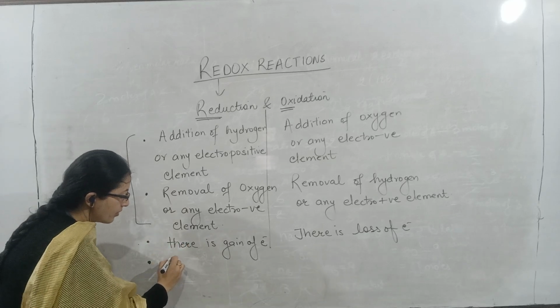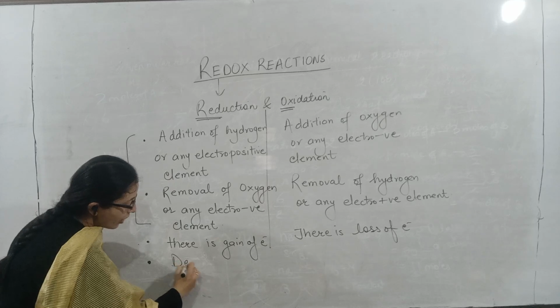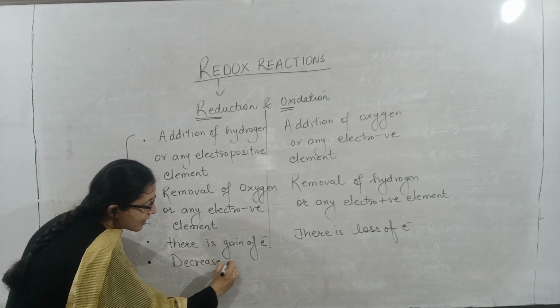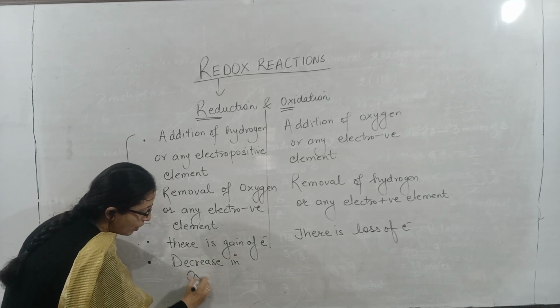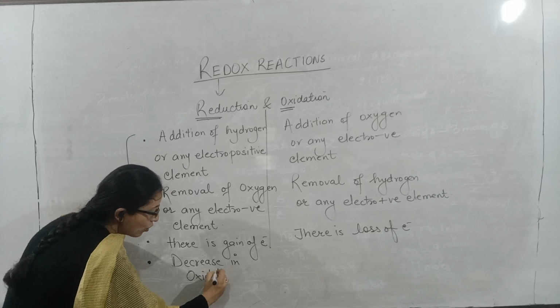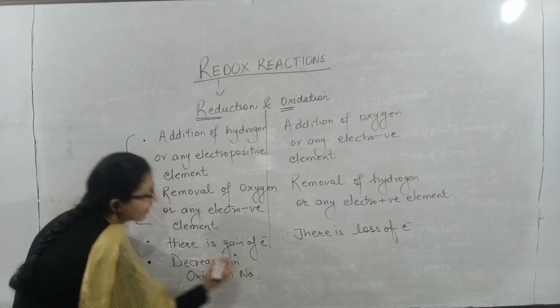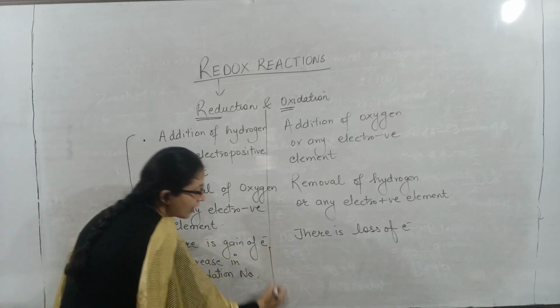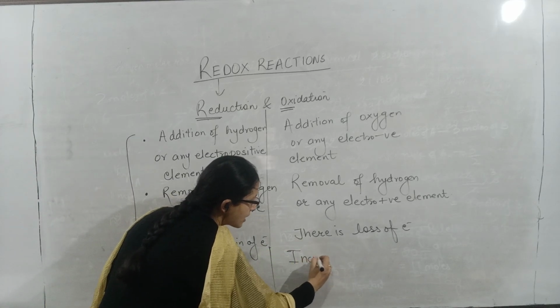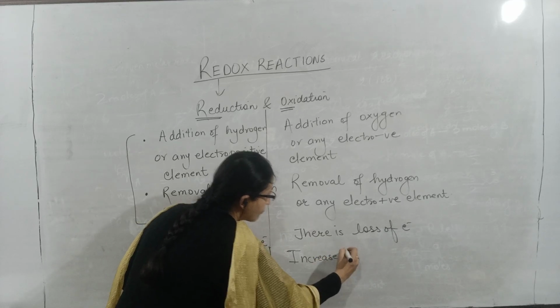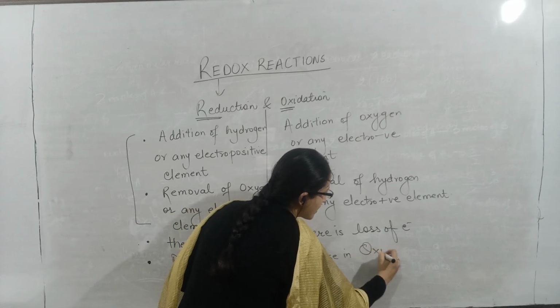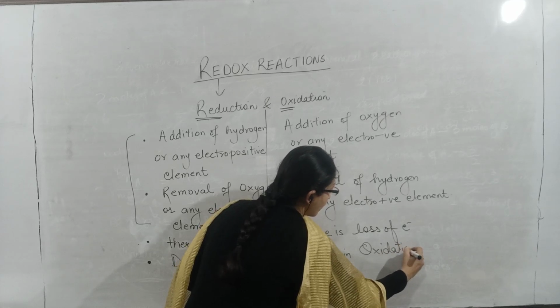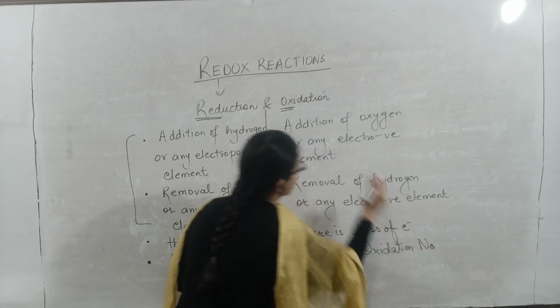Reduction means decrease in oxidation number of a substance, then also we call it as reduction. And just the opposite, if there is increase in oxidation number, then we call it as oxidation.